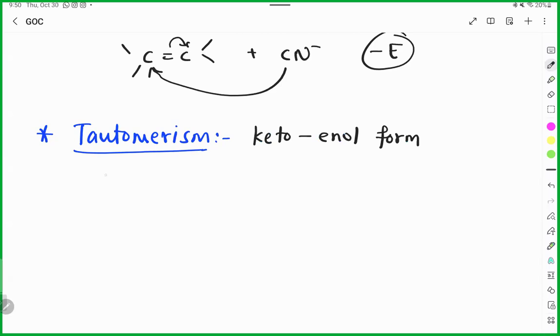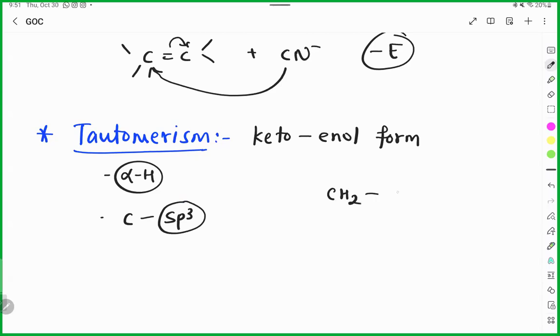There should be alpha hydrogen. There must be alpha hydrogen. Got it? And you should have a carbon that has only sp3 hybridization. Carbon with sp3 hybridization only, then it can happen.